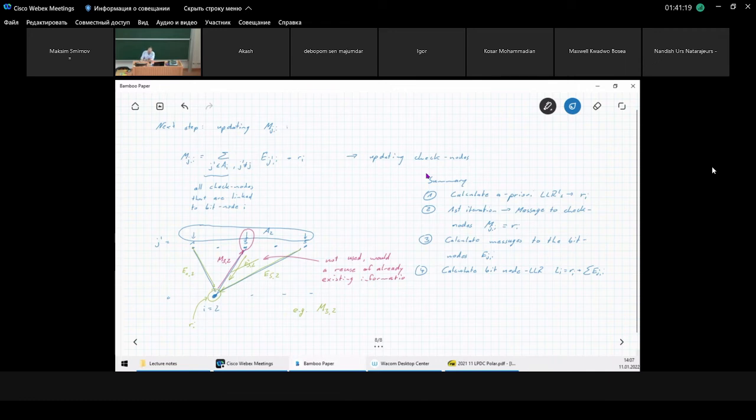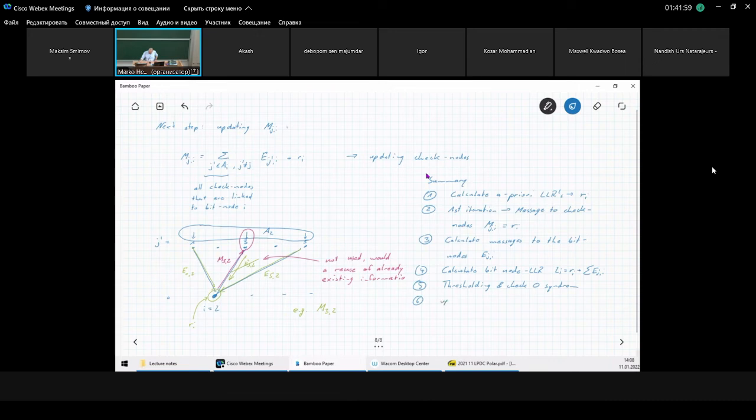And of course, we could already come to a decision. So we could do a thresholding and check for zero syndrome. If we get the syndrome zero, we are done. We know now it's a valid code word. Let's decide for this one. If not, we would basically continue.